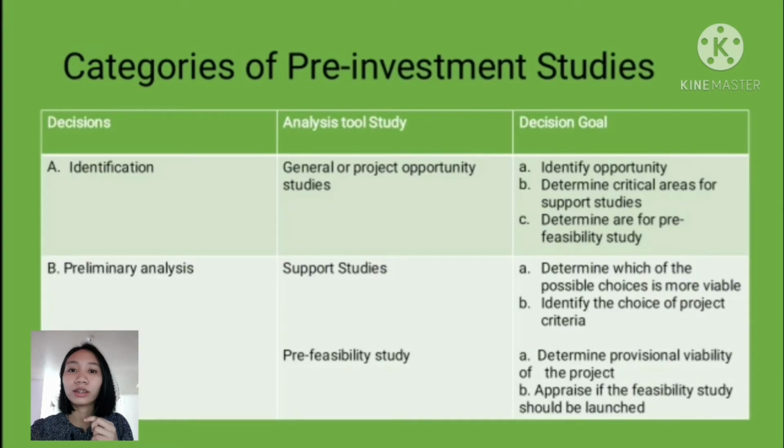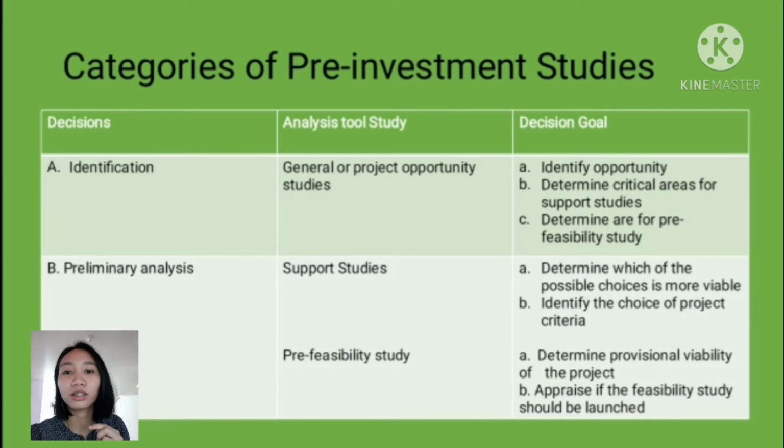So the categories of pre-investment studies. I will provide an overview as my fellow reporter will expand this topic, this scope even more. First, we have the decisions, the analysis tool study, and decision goal.